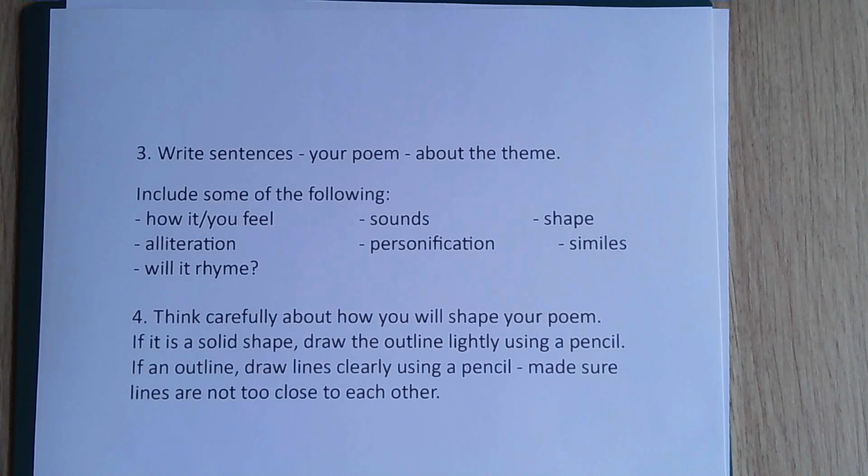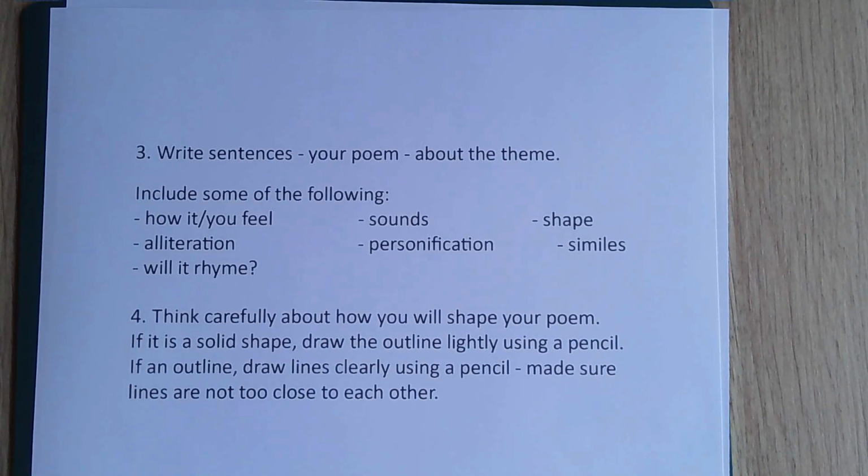How it makes you feel, perhaps the sounds of the words, the shape of the word or the shape of the thing that you're describing, if it is a physical thing. Remember alliteration. Alliteration is the repetition of a sound, so lovely lake.